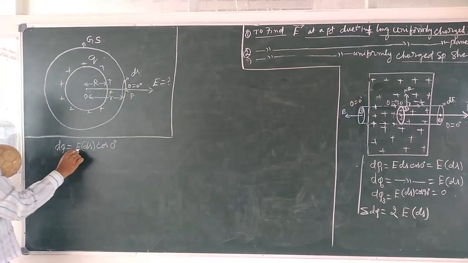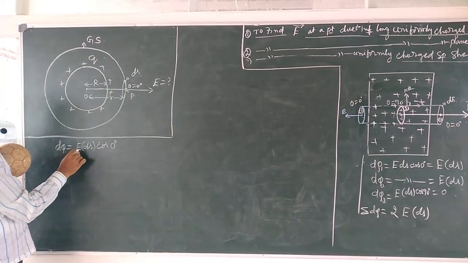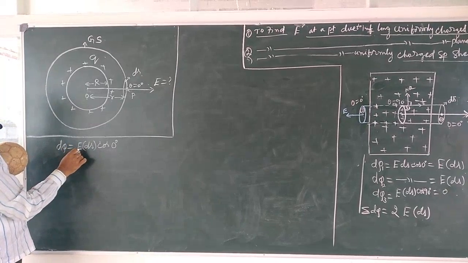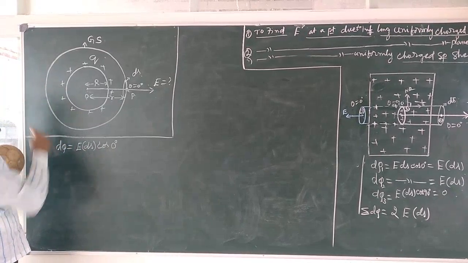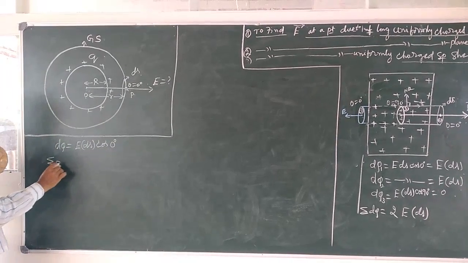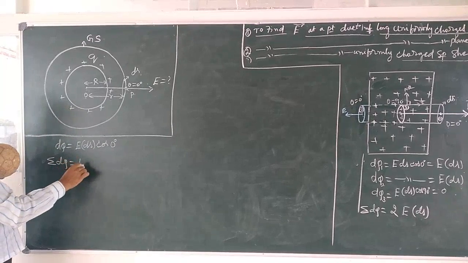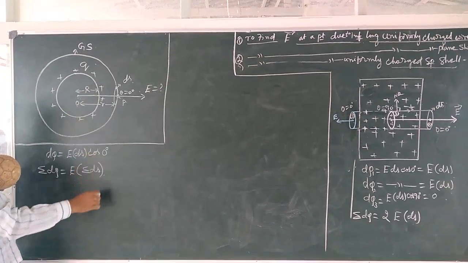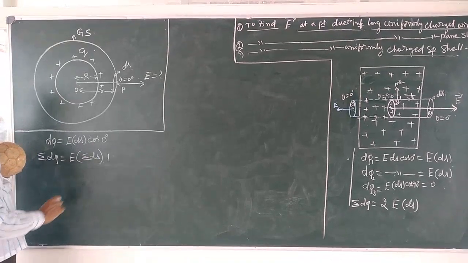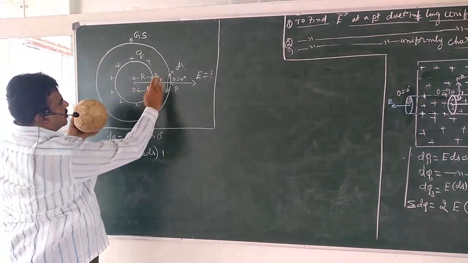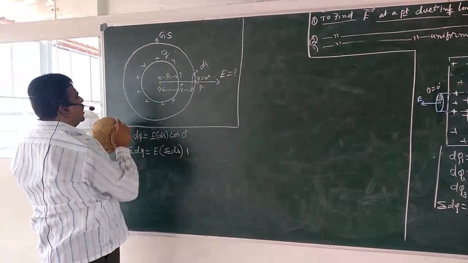At all points, the magnitude of electric intensity is the same and E is normal to the Gaussian surface. Therefore, theta is 0. The total electric flux is given by E into summation dS into cos 0, which is 1. So summation dS means this is dS, dS.